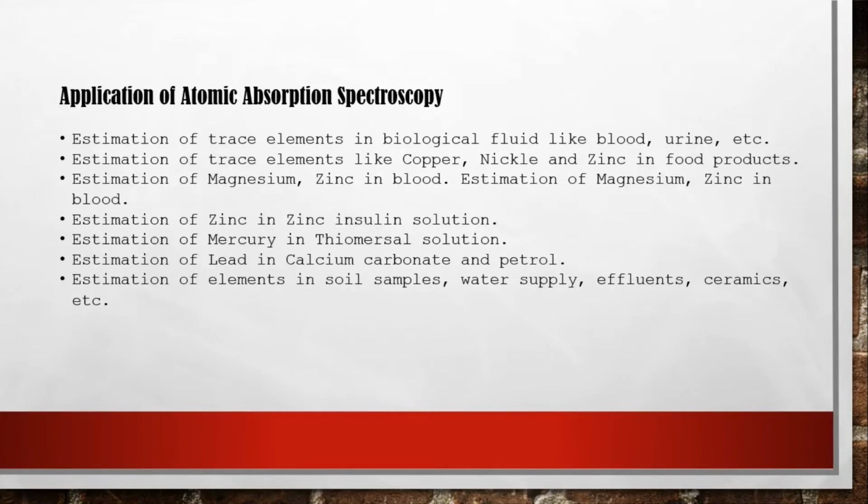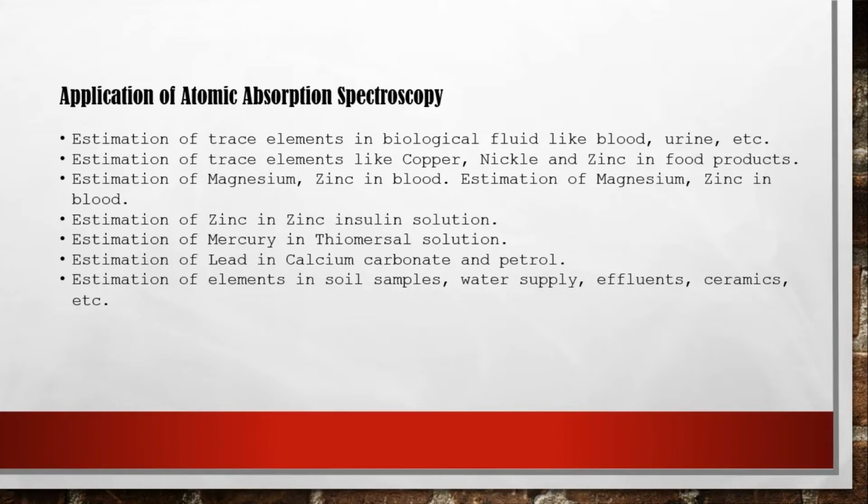These are the applications of atomic absorption spectroscopy. Number one is estimation of trace elements in biological fluids like blood, urine, etc. Number two is estimation of trace elements like copper, nickel, and zinc in food products. The third one is estimation of magnesium and zinc in blood.